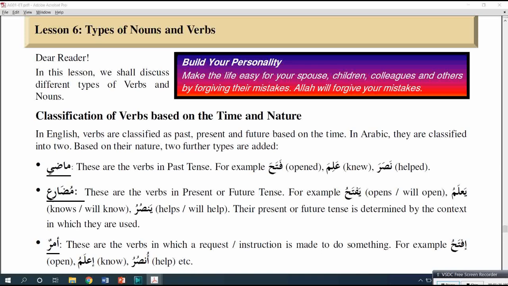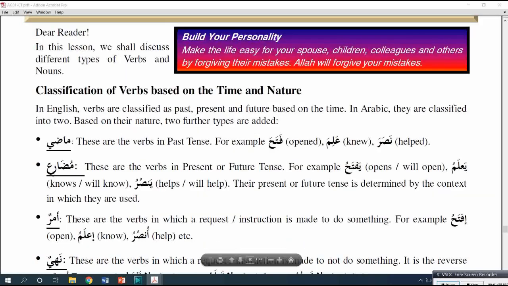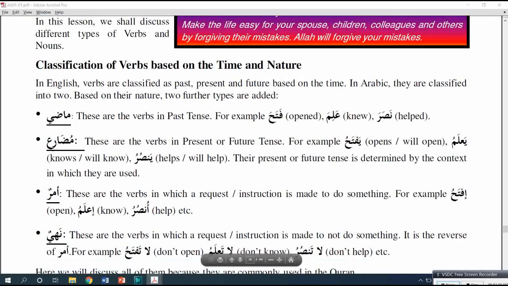In Arabic, they are classified into two based on their nature, and two further types are added as well. Think about it: you have done something, you are doing something, or you are planning something in the future, like I will do this. This is the time. Arabic also says so, but how does it happen?